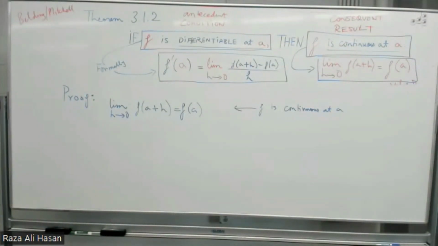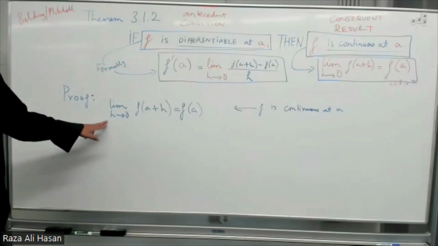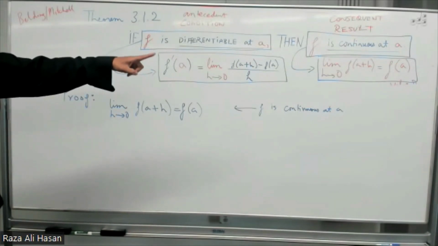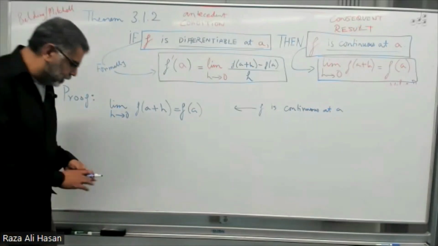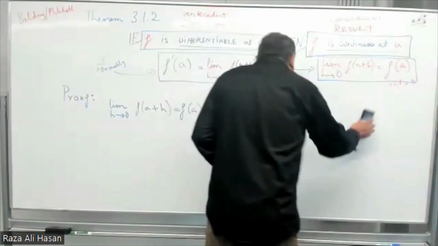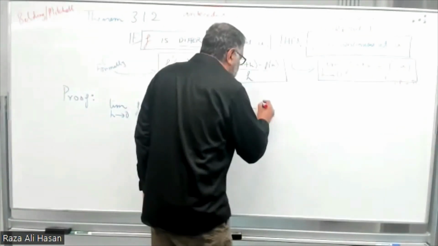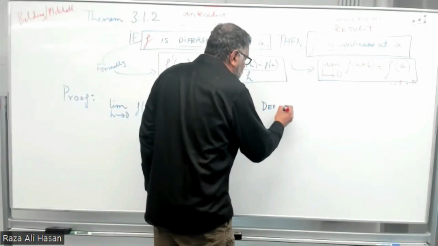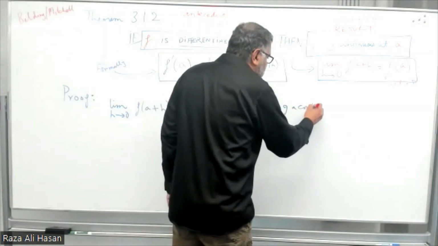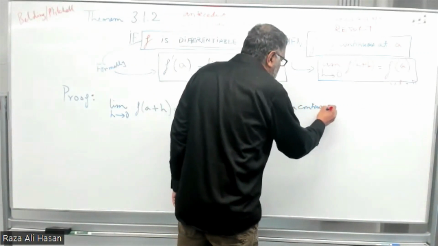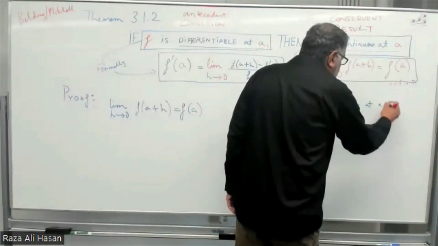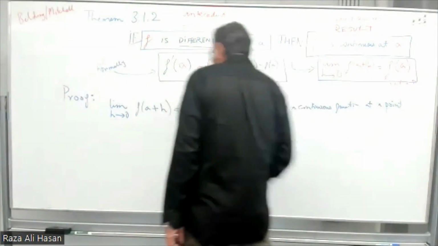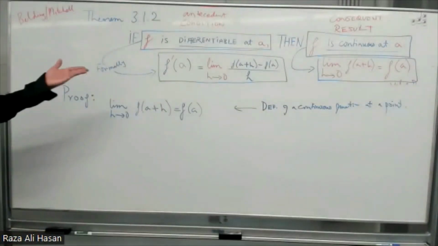If you look at this, I just wrote down the formalization of the definition of a function continuous at a, right? In other words, it's the definition of a continuous function at a point. That's what I just wrote down. And that's also our consequent.